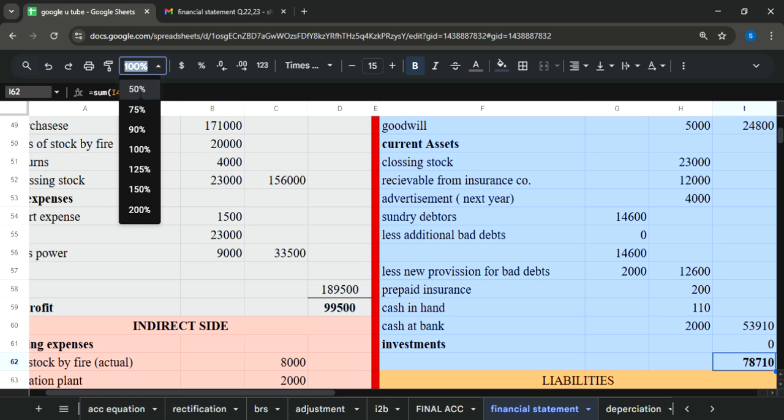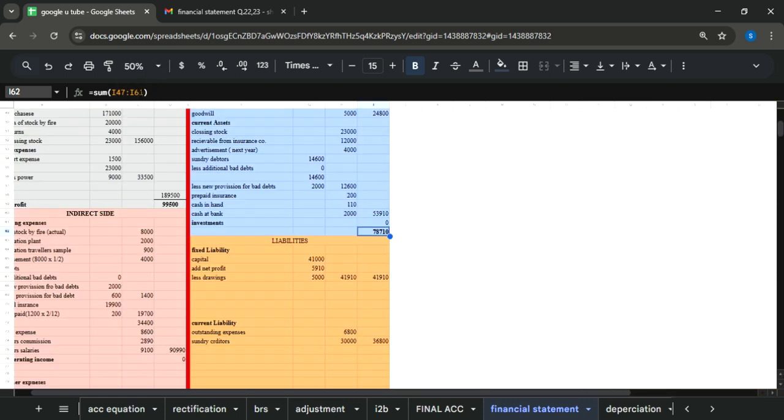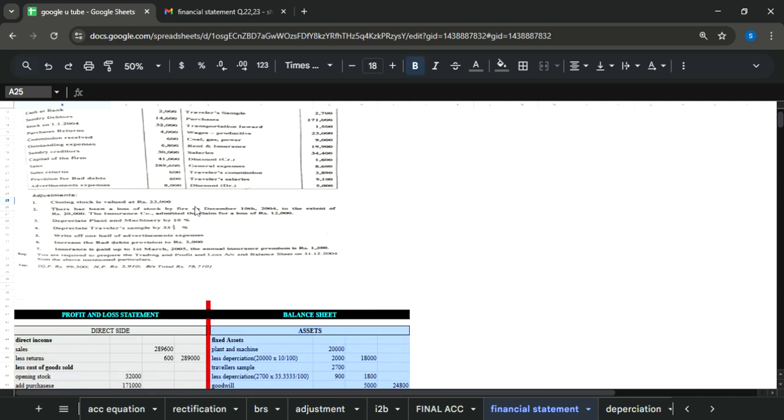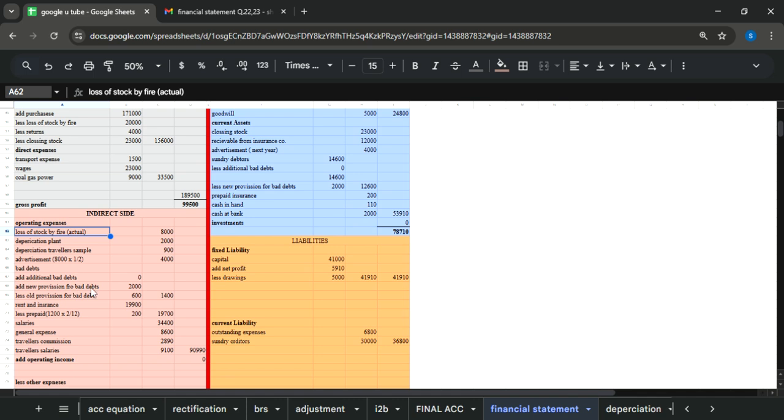But I would like to show you, there were 4 parts, 1, 2, 3 and 4. This first portion was for the direct side. That means gross profit or gross loss was supposed to be calculated over here, and you can see 99500 and here 99500, after which this was your second part, the indirect side, and here you have calculated your net profit.